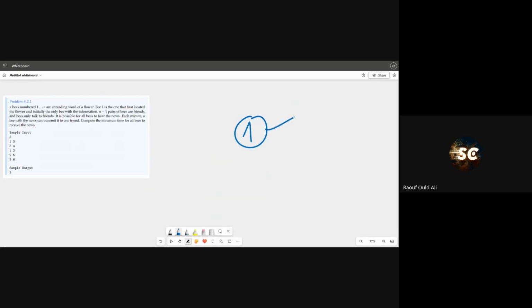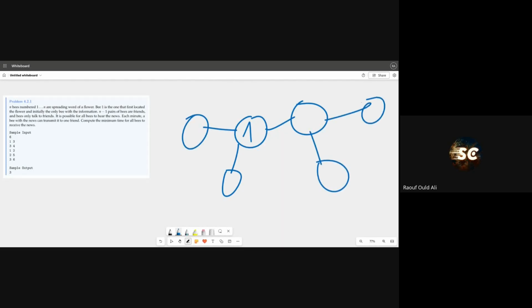And each B has some friends, okay? This one has friends, this one has friends, this has friends, this has a friend, okay? So we have n minus one pairs of friends, and the B's talk only to friends. So basically we have the structure of a tree, okay?